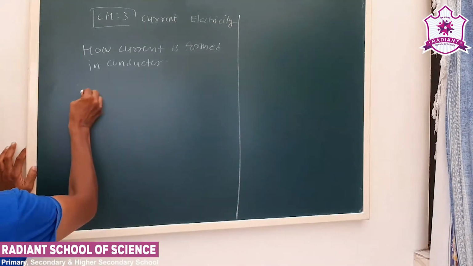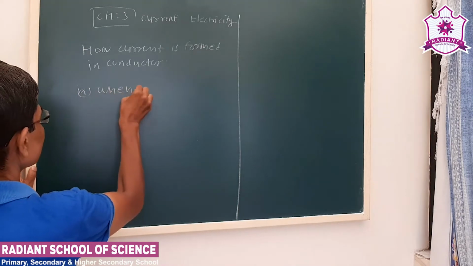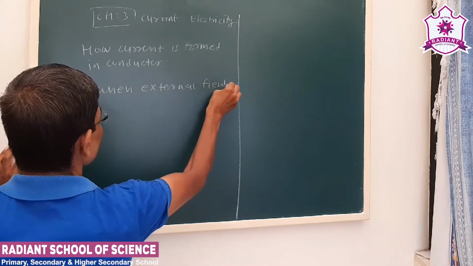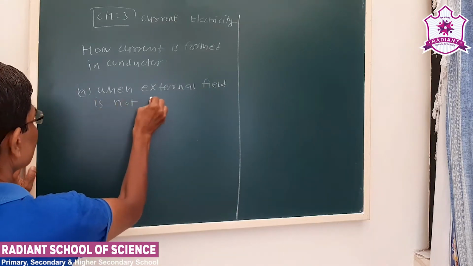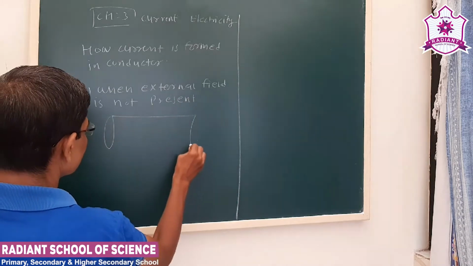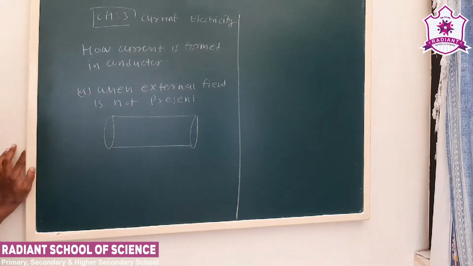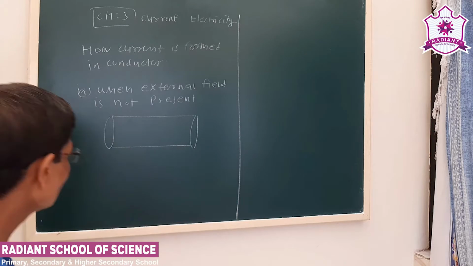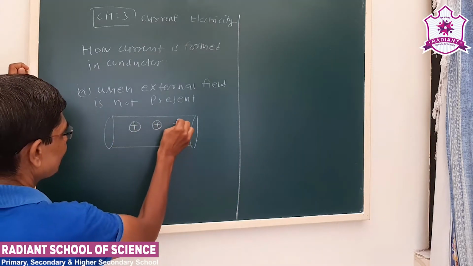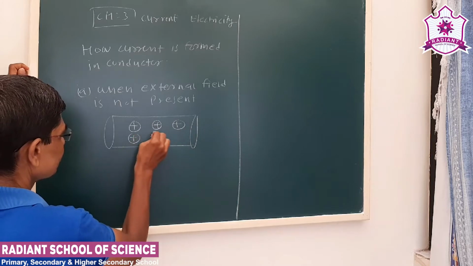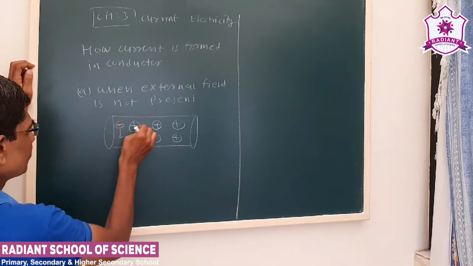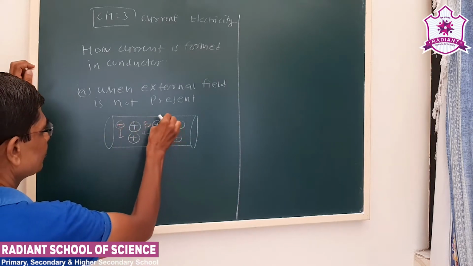So first case, when external field is not present. Now let us say this is a cross section of a conductor. Now we know the conductor has positive charge in the lattice condition, and electrons move randomly in the space between them.